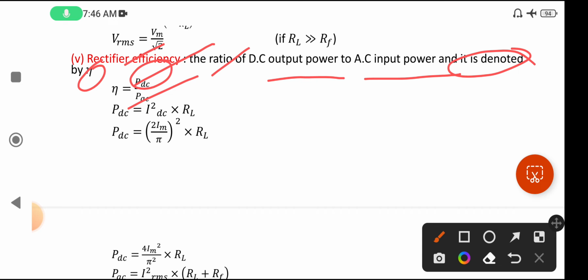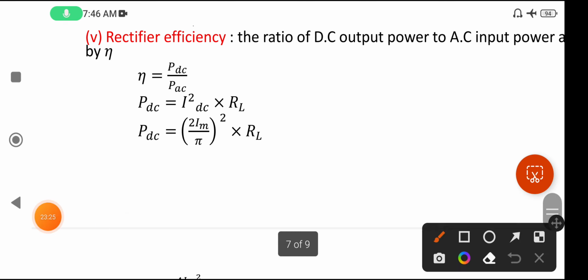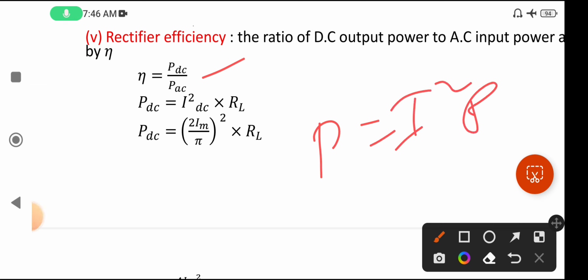We have to calculate PDC and PAC separately, and then substitute in this equation, then we can get the eta value. Now power can be written as current square into resistor. If the current is a DC current, then taking the resistor RL, it becomes PDC.